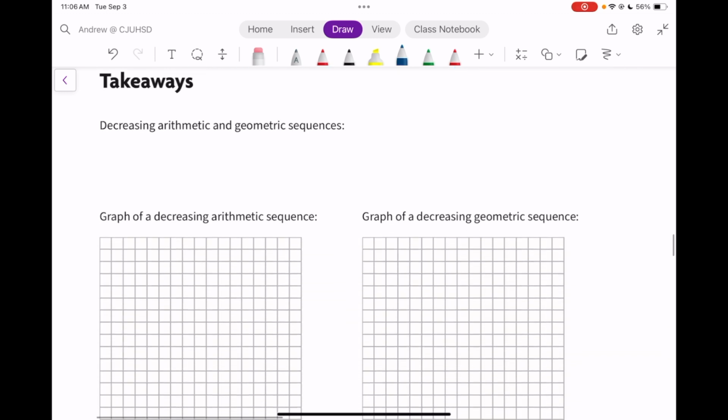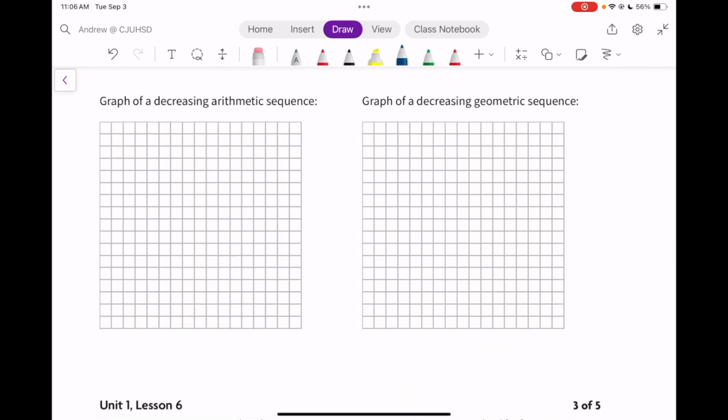Looking at the takeaways section, the graph of a decreasing arithmetic sequence is going to be a straight line, and we don't have to get too technical here, just a straight line. A decreasing geometric sequence is going to be a curve. It's going to go down pretty rapidly at the beginning and then start to really slow down and start to look flat.